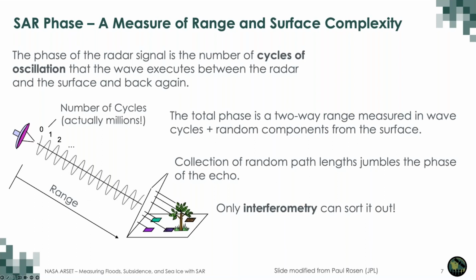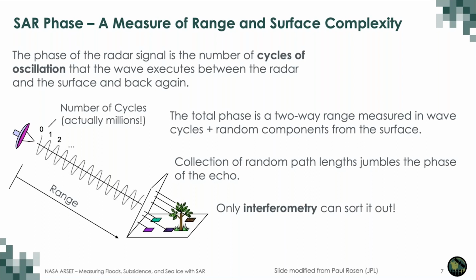And there's this extra factor that the number of objects within that radar pixel is numerous, and so the actual phase that's returned by a single radar image is relatively random.